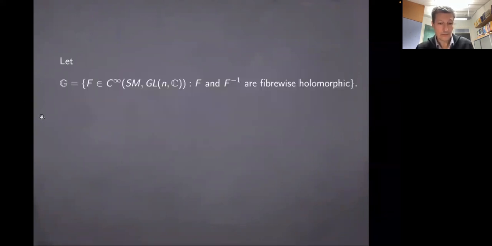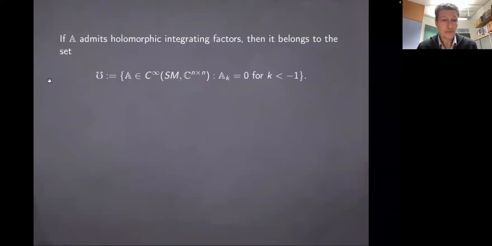If you want to go to higher rank holomorphic vector bundles, then rather than taking things in GL(N,C), the general linear group, what you want is the correct way to think about this. What would be a holomorphic integrating factor is to have a function in SM which is fiber-wise holomorphic and whose inverse is also fiber-wise holomorphic. This gives a group.